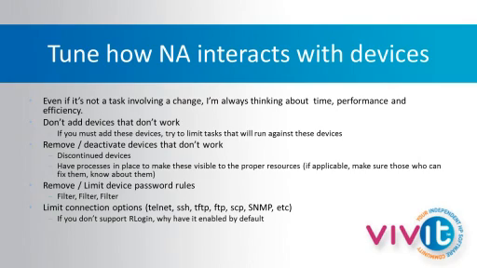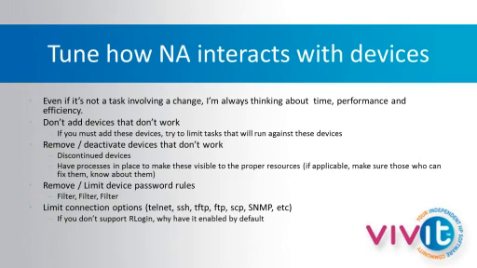Also, this is a simple no-brainer one, but a lot of people haven't thought about it: limit the connection options. Make the options fit your company's requirements. Like I'm posting here, if you don't support our login, why have it enabled by default? For every device that NA is having trouble logging in, it's going to try every possible access method.